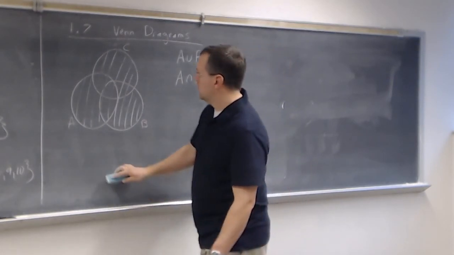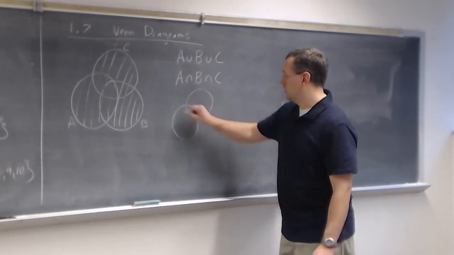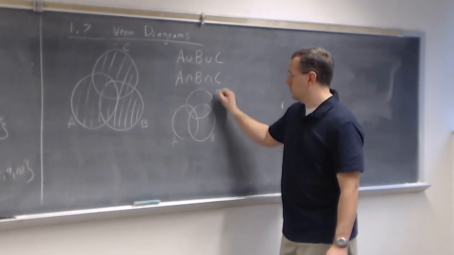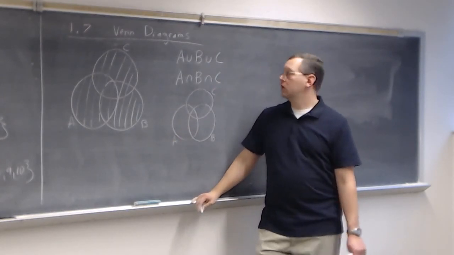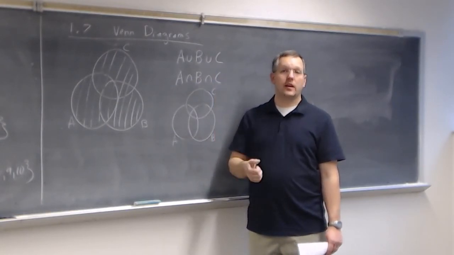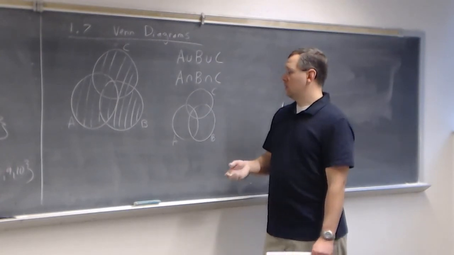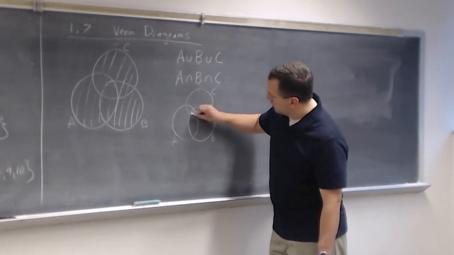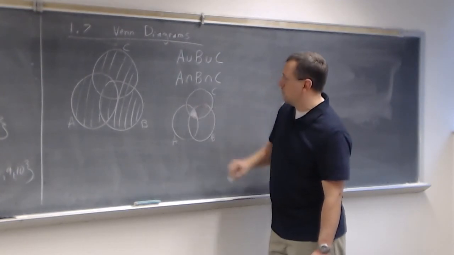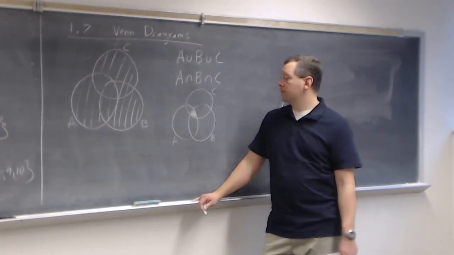A intersect B intersect C. Let me draw another. So A intersect B intersect C would be the set of all elements in A and in B and in C. So it would be that small little section, this little triangular type region right there, where all 3 overlap.